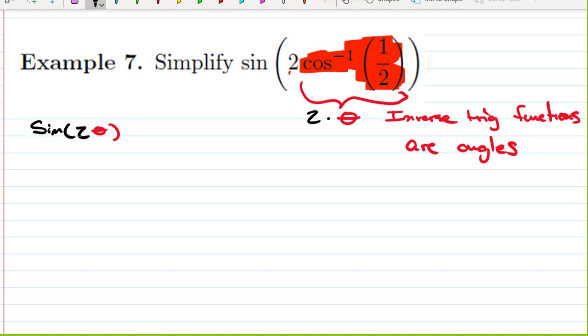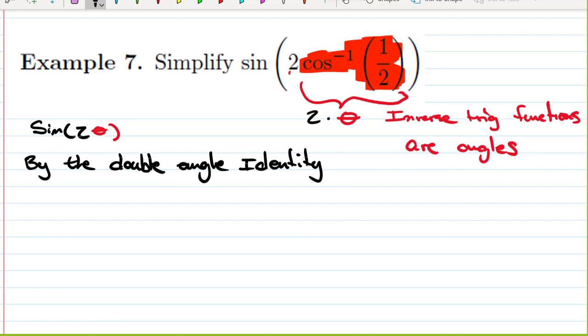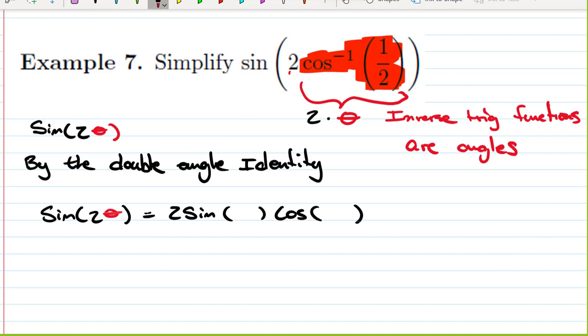So by the double angle identity, we have that the sine of 2 theta is equal to 2 times the sine of theta times the cosine of theta.